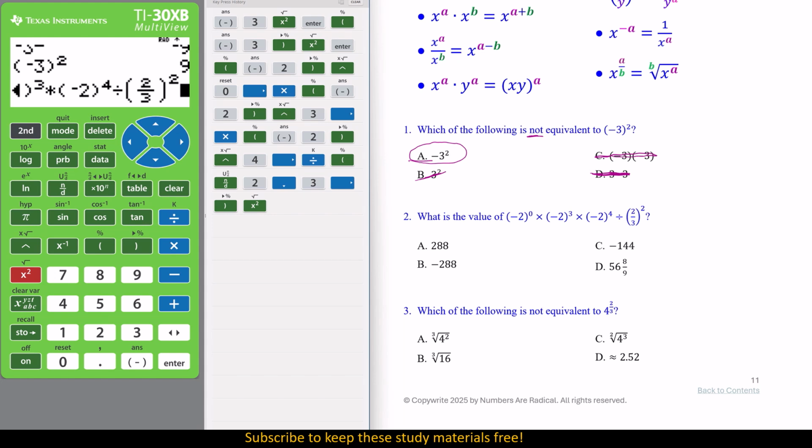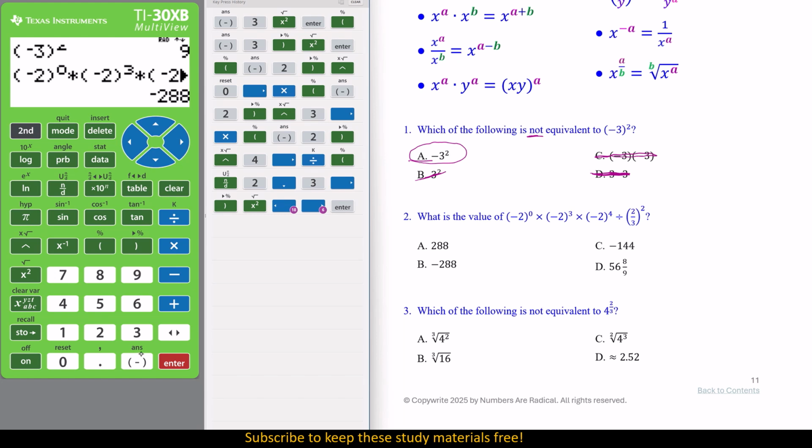If you're not sure you entered everything correctly, remember you can use your arrows left and right to go double check. And I'm good. Let's push enter. And there we go, option B. Nice. Let's look at number 3.